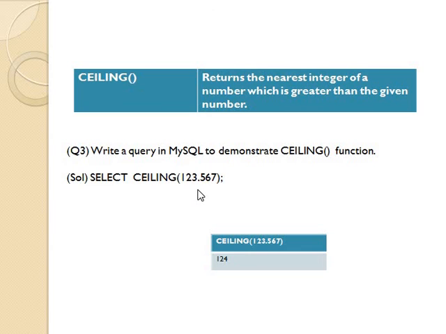The other integers 125, 126, 127, those will be greater than the nearest integer 124. So as a result, the nearest integer which will be greater than 123.567 will be simply 124, and that's why it's presented in the output table under the column ceiling of 123.567.